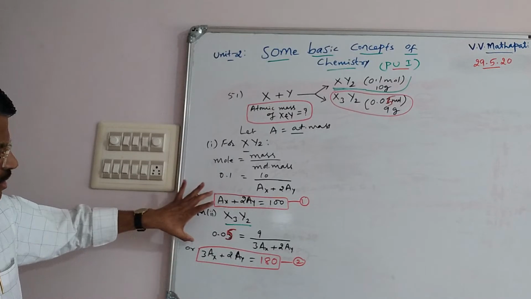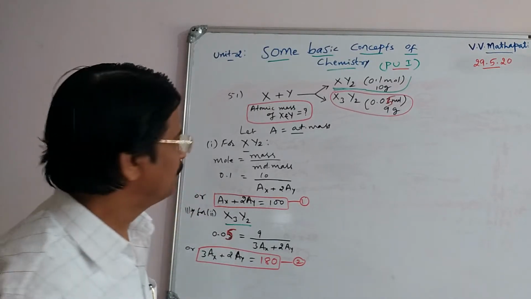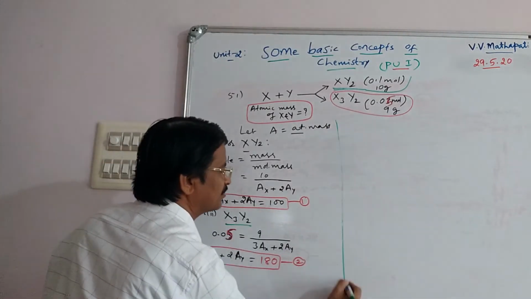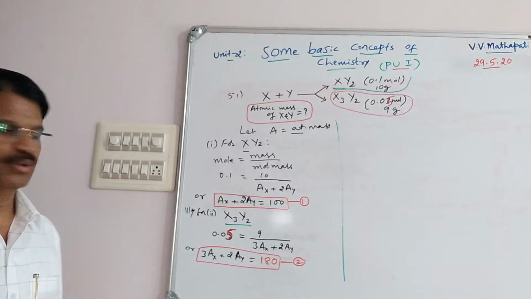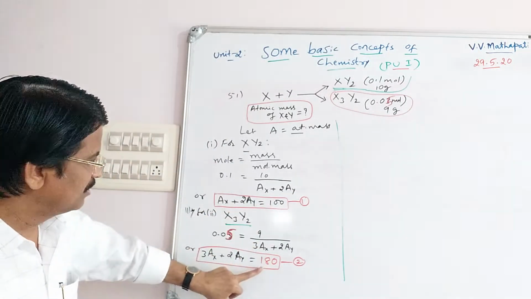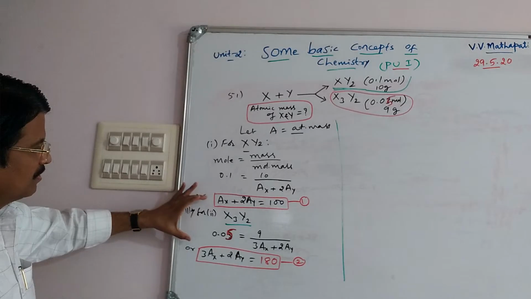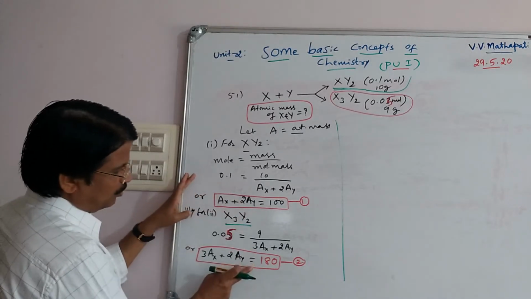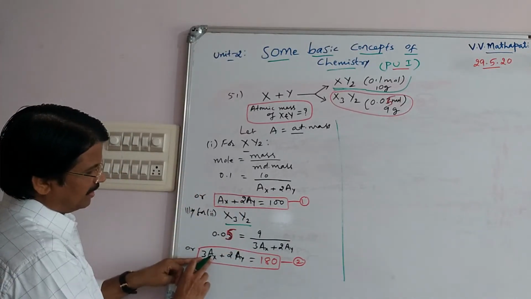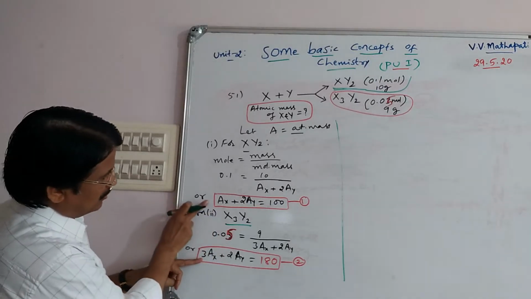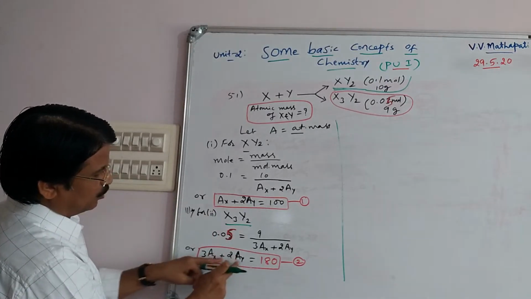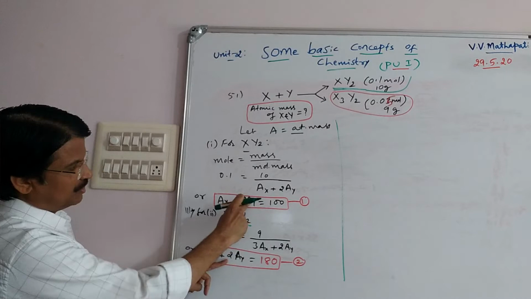From equations 1 and 2, now see what we can do. Subtract the two: 3Ax minus 1Ax, and 2Ay minus 2Ay, these two cancel.